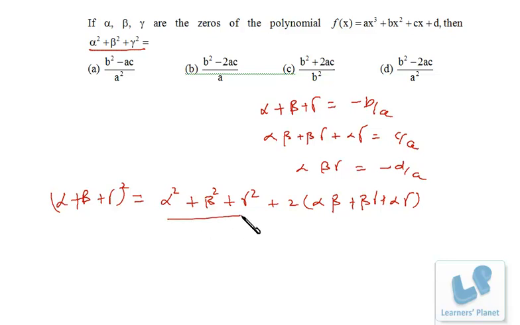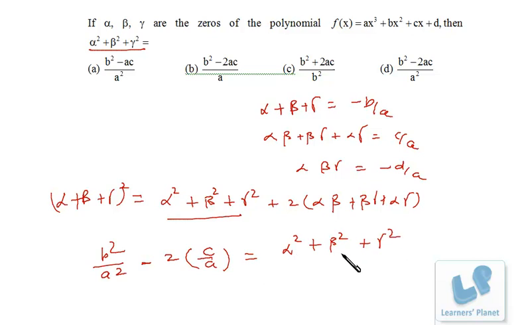Now we have to find the value of this expression. So I just put the value of alpha plus beta plus gamma over here, that's minus b by a. So it's b square by a square minus 2 times alpha beta plus beta gamma plus alpha gamma, that's c by a. So that's the value of alpha square plus beta square plus gamma square, right? So just take the LCM, it's a square, so it's b square minus 2ac by a square, right? So that's the value of alpha square plus beta square plus gamma square: b square minus 2ac by a square.